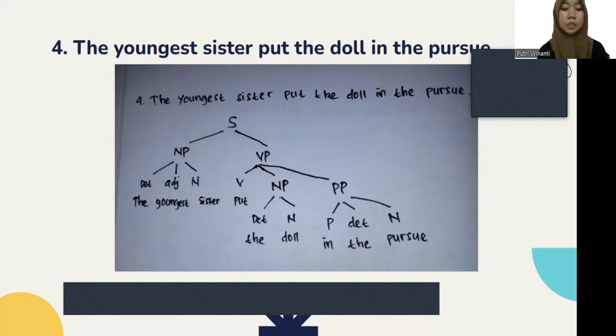The verb phrase is put the doll in the purse. The verb is put. The noun phrase is the doll, with the determiner the and the noun doll. Then the preposition phrase is in the purse. The preposition is in, the determiner is the, and the noun is purse.